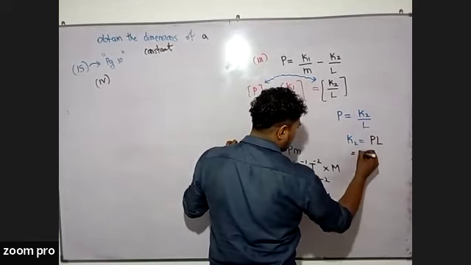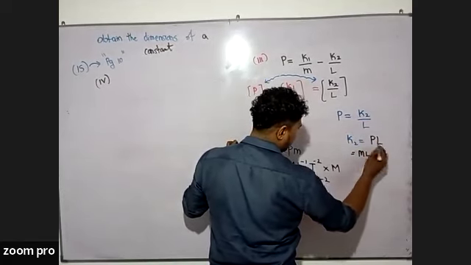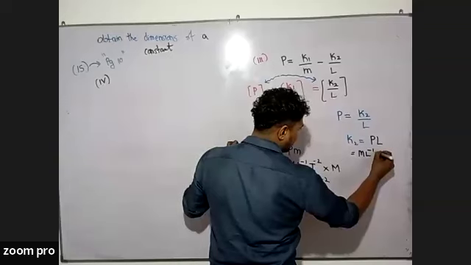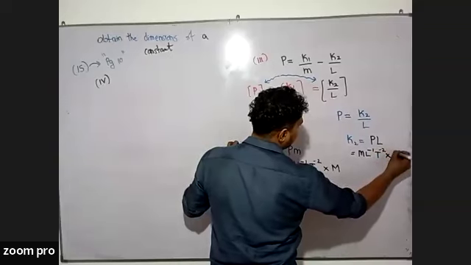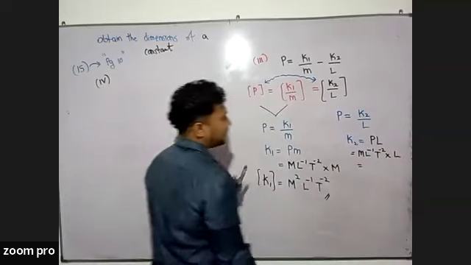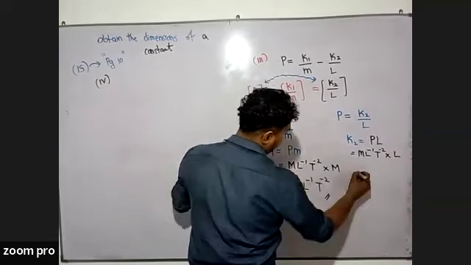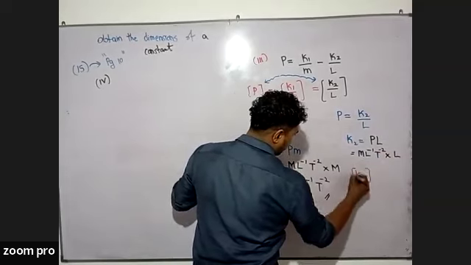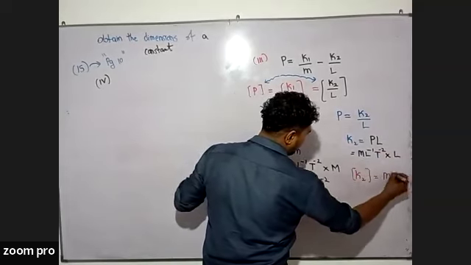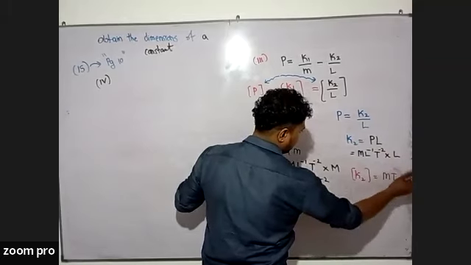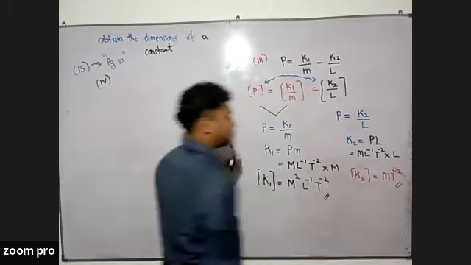P means dimensions of pressure, L minus 1, T minus 2, L means length, so it should also be L. Then this is the dimensions of K2, that is MT minus 2.